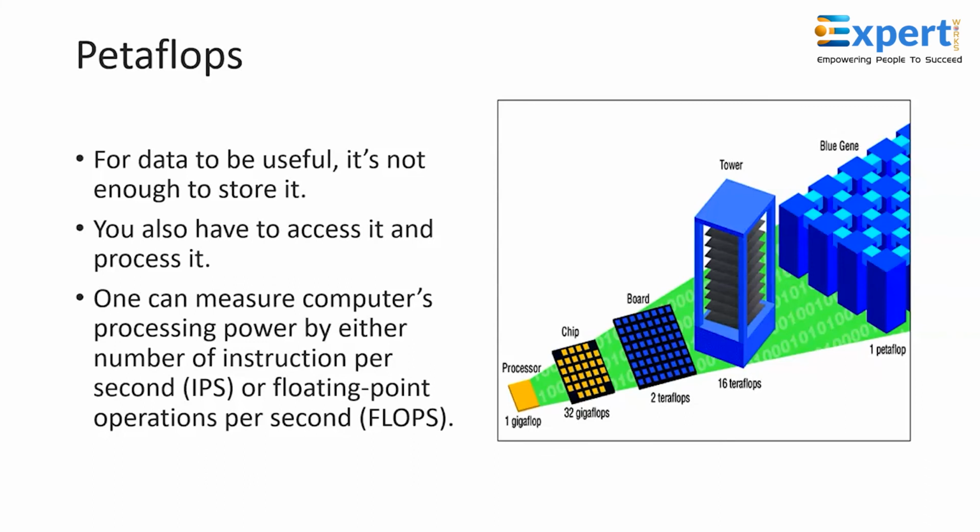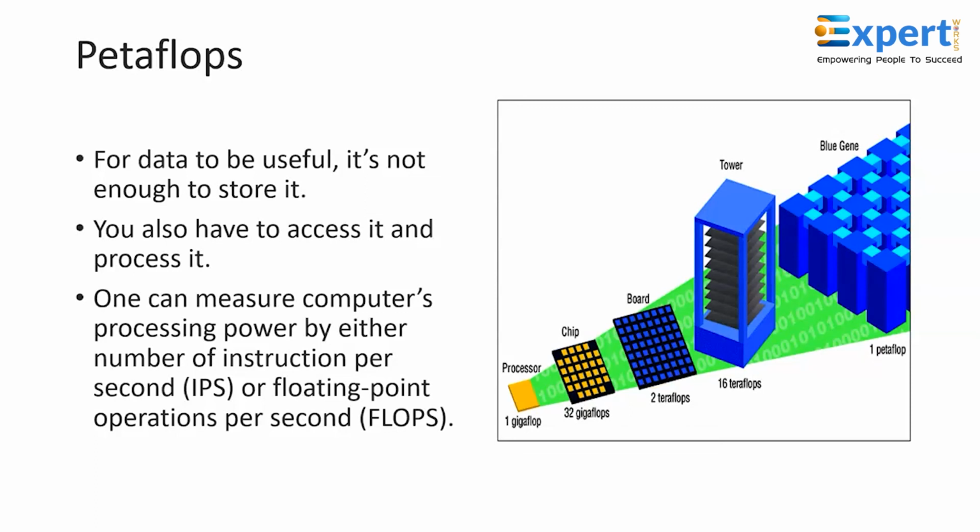So one can measure the computer power either by number of instructions per second, or IPS, or we can also measure it in form of floating point operations that are being processed per second. This is also known as flops.